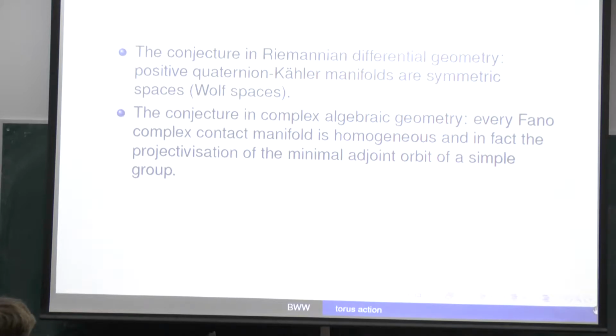If you take a Fano manifold, then the conjecture says that it admits a complex contact structure only if it's homogeneous. And actually, this is a projectivization of the minimal adjoint orbit of the action of a simple group. Okay, so that's the motivation.